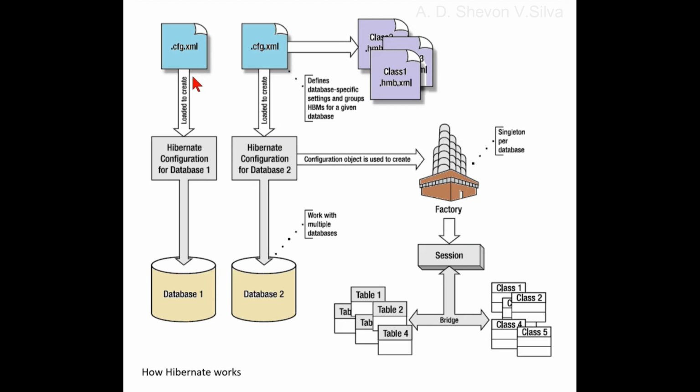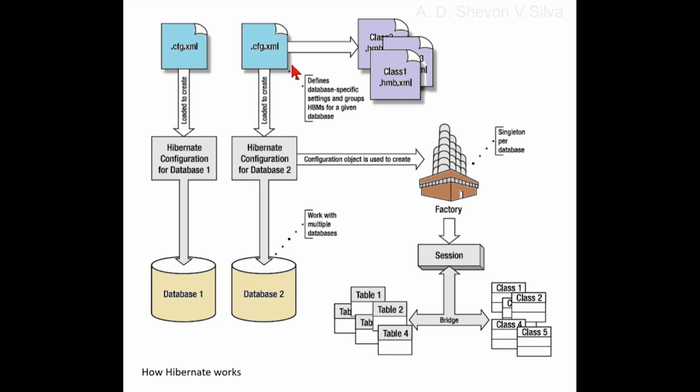Here you can see the cfg.xml loaded to create the Hibernate configuration for database 1. The Hibernate configuration for database 1 is connected to database 1. Here the cfg.xml defines database-specific settings and groups HBMs for the given database.